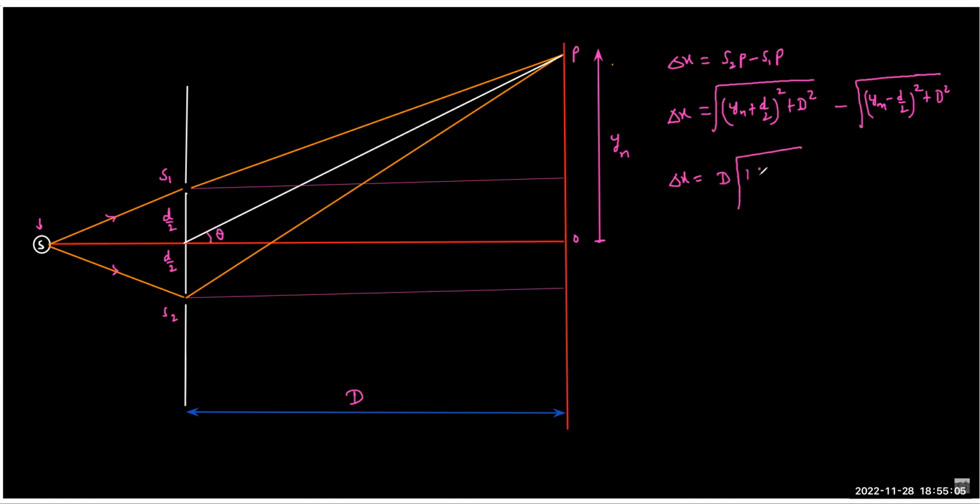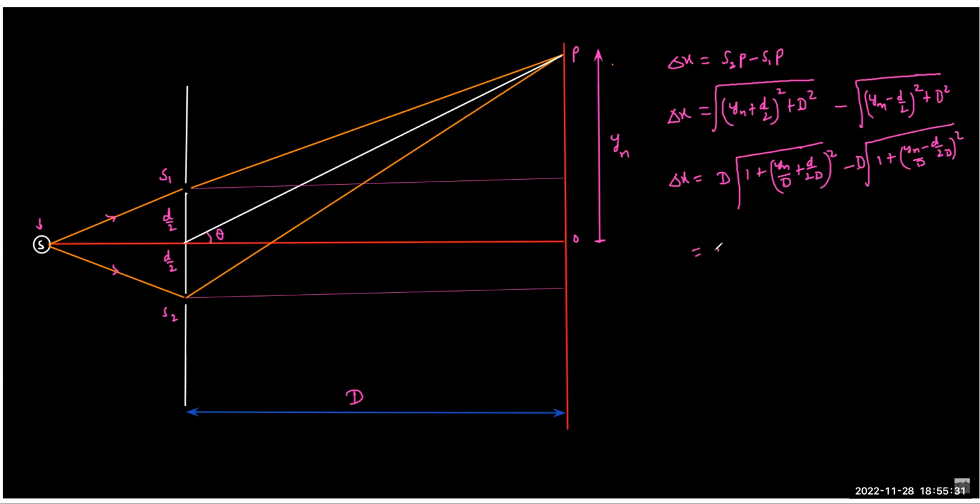So what I get is D times the square root of 1 plus (y plus d by 2, divided by D) whole square, right? Minus the same thing here, D and then 1 plus (y minus d by 2, divided by D) whole square.